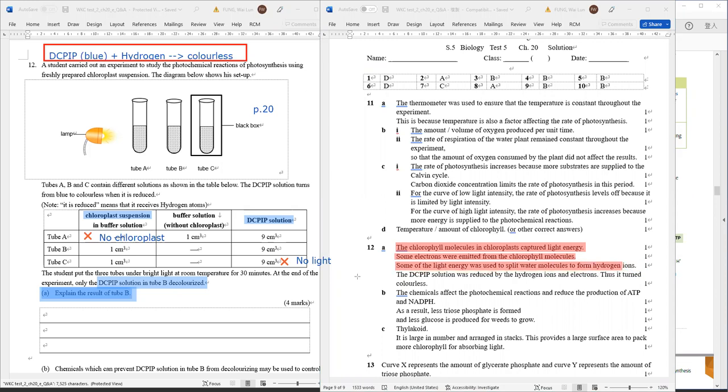We call this hydrolysis. Hydrolysis means to break the water molecule.